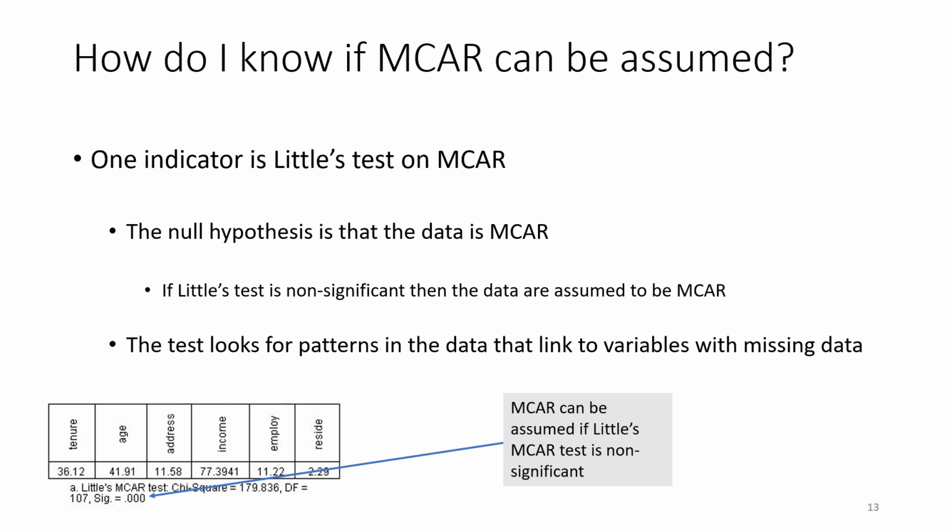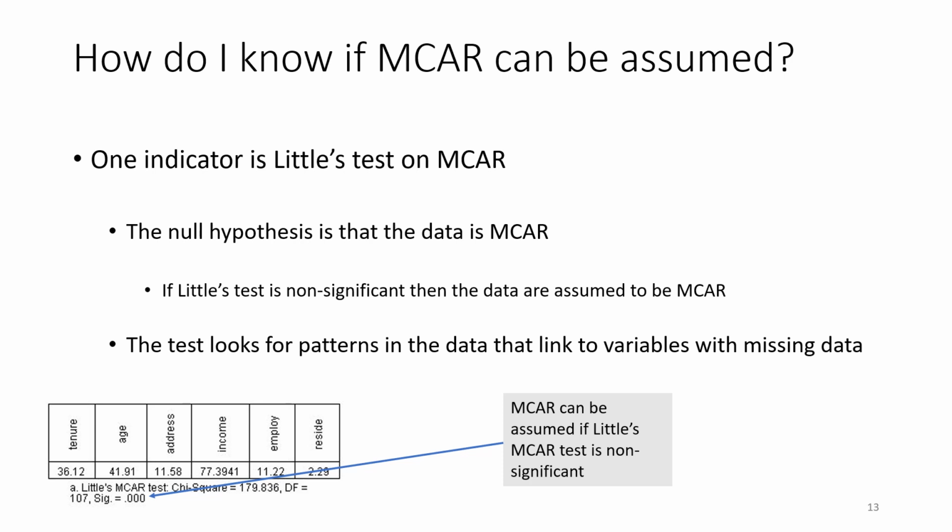Essentially the test evaluates patterns of missing data in the variables and looks for associations in those patterns. If it finds none, and doesn't find evidence of bias in missingness, then it computes a chi-square value.